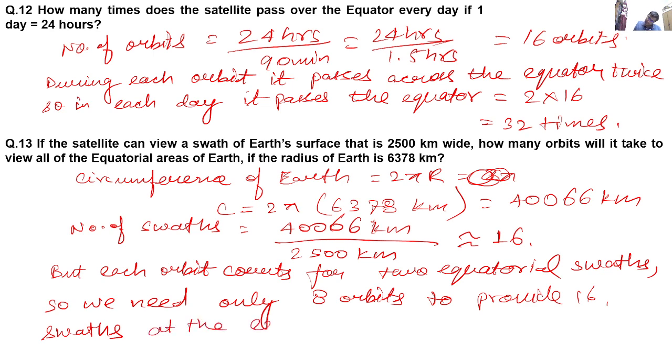So this will cover all of the equatorial area within the swath images when the swath images are placed exactly side by side.